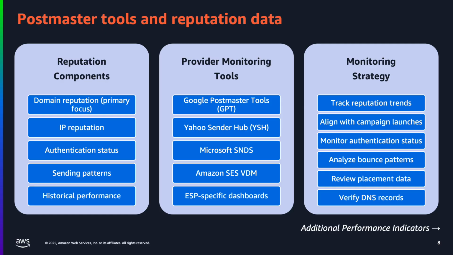Email service providers often offer additional deliverability tracking tools like Amazon SES Virtual Deliverability Manager. These types of deliverability tools and dashboards offer an out-of-the-box solution for data surfacing, bounce analysis, trend monitoring, and DNS record verification to catch trends early and help identify authentication needs for long-term email program health across marketing, transactional, and bulk communications.